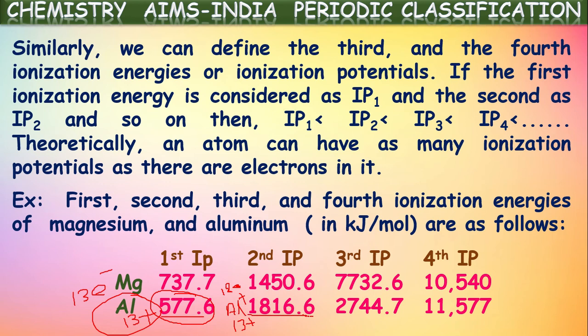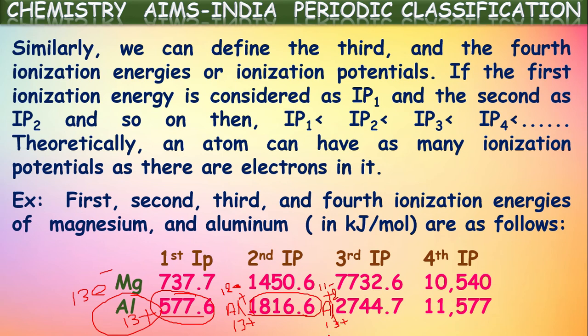If you supply this amount, then the second electron will be removed from aluminium and it will be converted into Al plus 2. So how many electrons will be in this now? Only 11 electrons. But the nuclear charge remains at 13 protons.